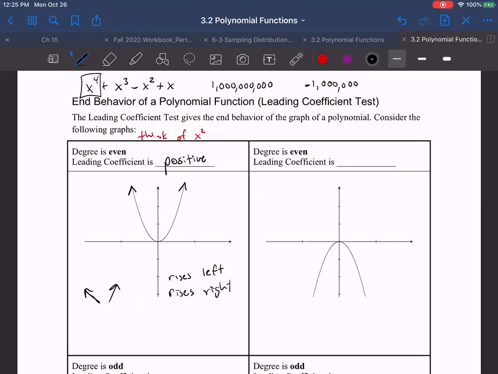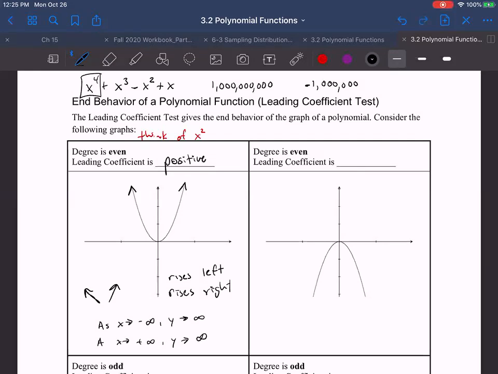Another way it might be said is something like as x goes to negative infinity, y goes to positive infinity, or as x goes to positive infinity, y will go to positive infinity as well.